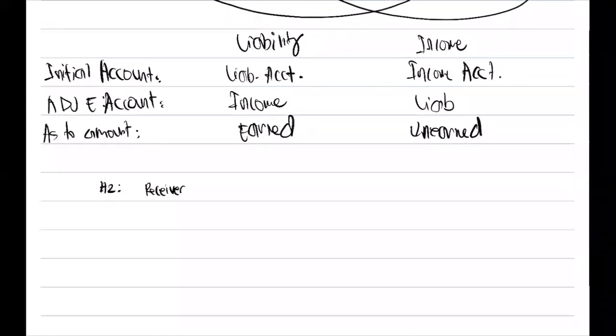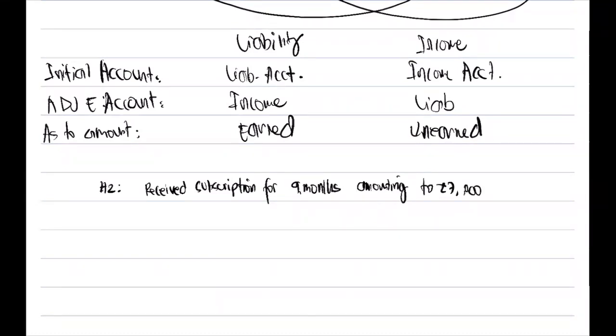Receive subscription for 9 months amounting to 27,000 on June 1, 2020.